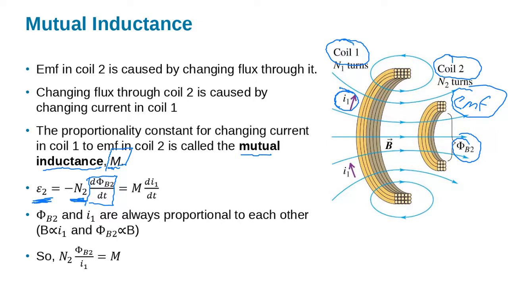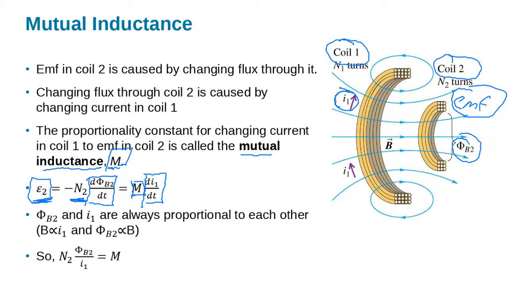Then this mutual inductance M is just the factor which relates the rate of change in current, since the changing flux in coil 2 is caused by the change in current in coil 1. So it's just relating that change in current in coil 1 to the EMF in coil 2. It's just a factor there. And for a better mutual inductor, M will be bigger.